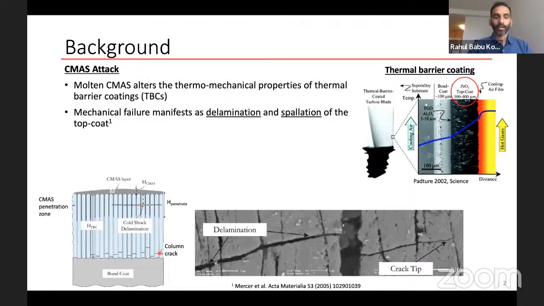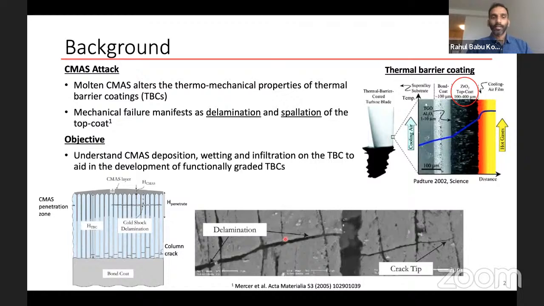And it also suffers from these columnar cracks. These are caused by the buckling of these columns. The same delamination is shown here on an SEM image on a similar top coat in the literature.